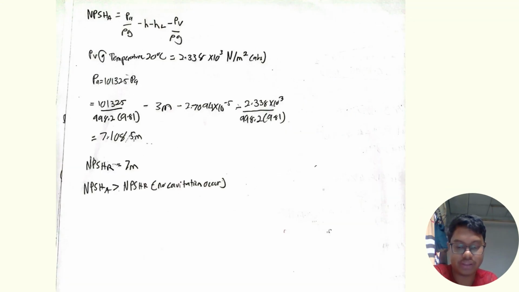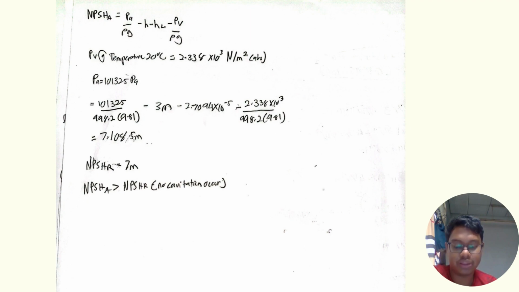Next, we can find the NPSHA, which is equal to pressure atmosphere over density times gravitational constant, minus height, minus head losses, minus vapor pressure over density times gravitational constant, where we obtain vapor pressure at temperature 20 degrees equals 2.338 times 10 to the power of 3 Newton per meter square, and the pressure atmosphere is 101,325 Pascal.